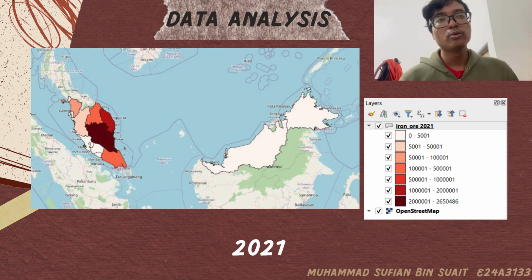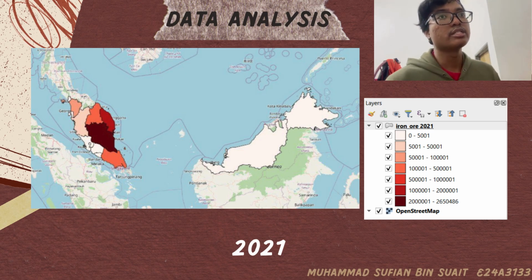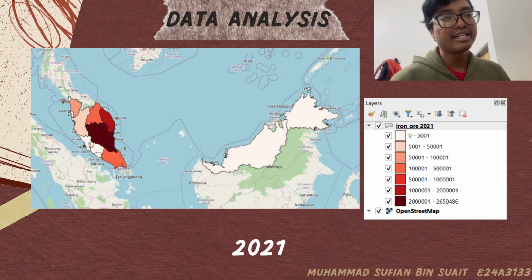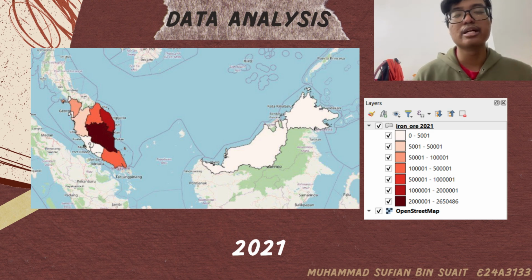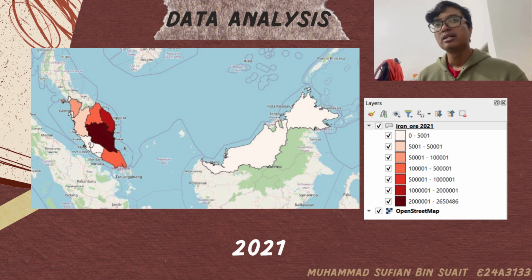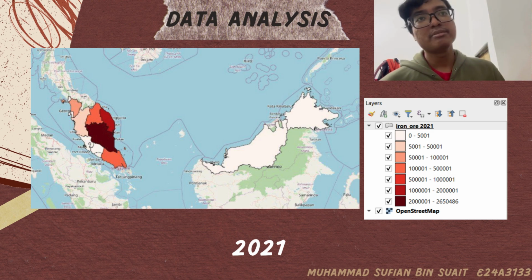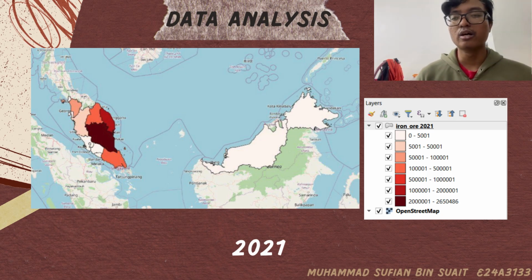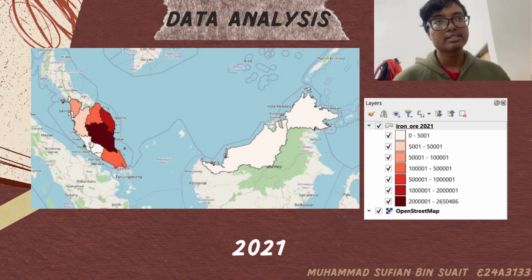But it's more towards the social aspect, as we can see in Selangor, Negeri Sembilan and Melaka, which are more urbanized, economically more urbanized. They don't really mine the stuff for their main economic income.